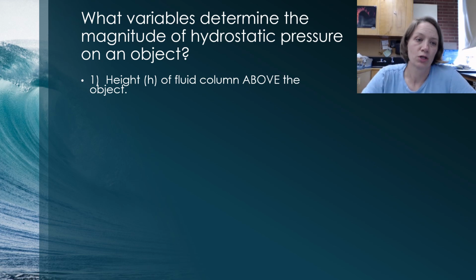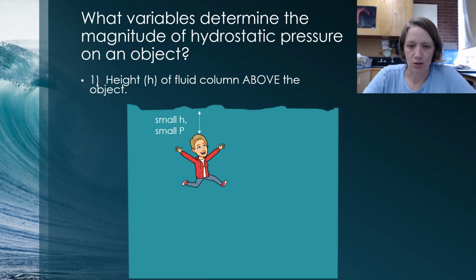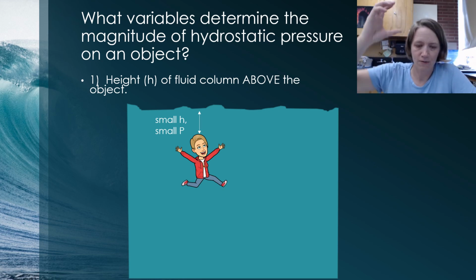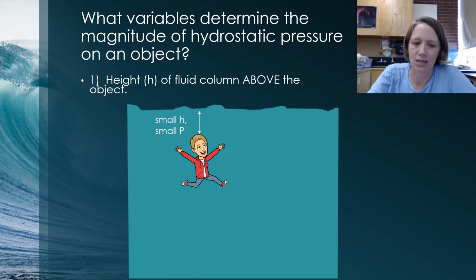The first, which probably a lot of you came up with, has to do with the amount of the fluid that's above you. So if you're under a small amount of water, for example, a small h of the fluid column above you, you experience a small amount of pressure because there's only a handful of those things on top of you pushing down, right? There's only a small number of things that are trying to get down through you to the center of Earth.